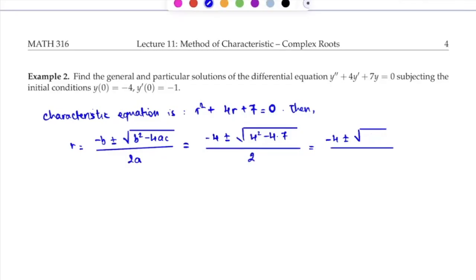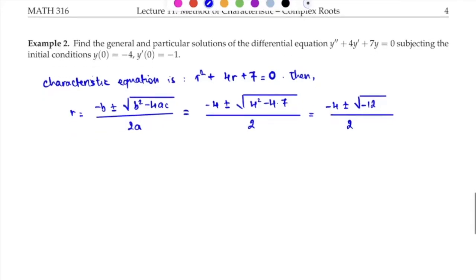So what do I have here? 16 minus 28 is negative 12, divided by 2. So negative 12 is 12 i squared, divided by 2. 12 is 4 times 3, take out a 4i squared.